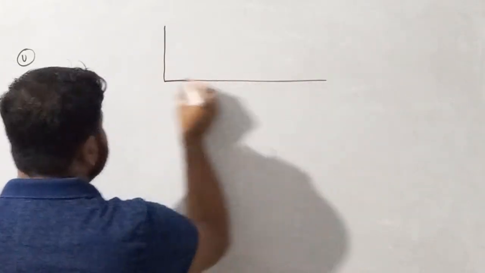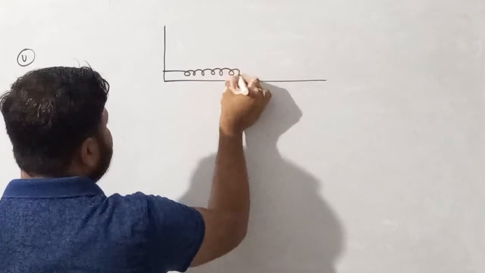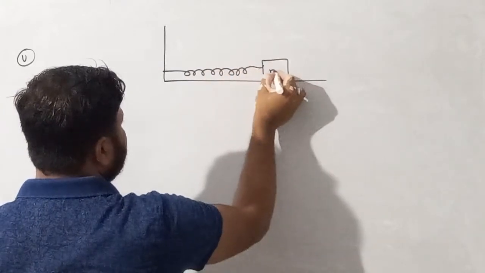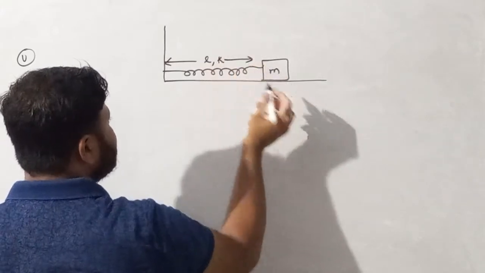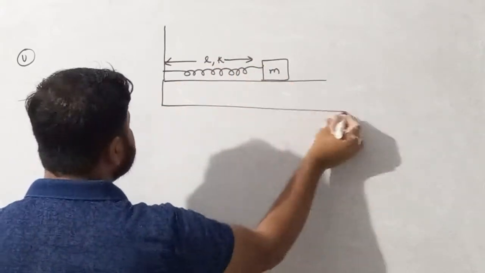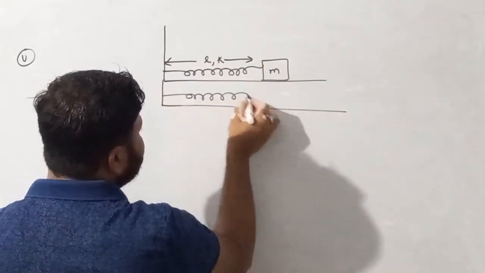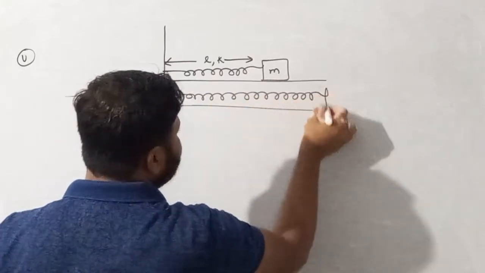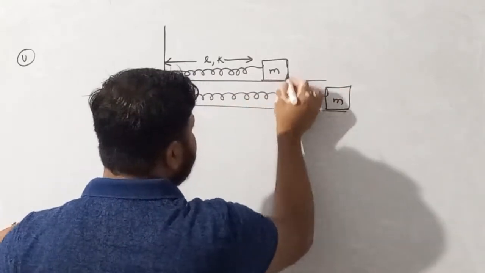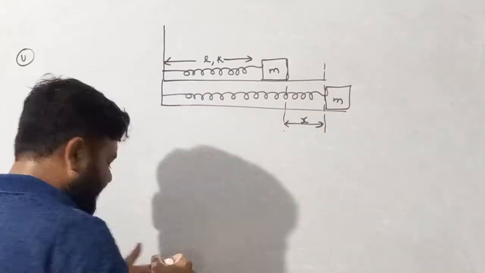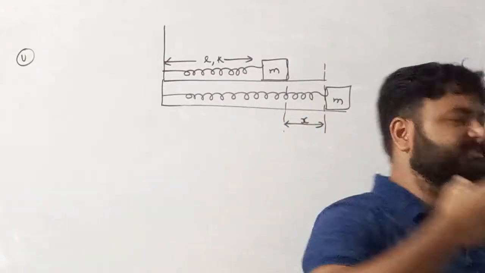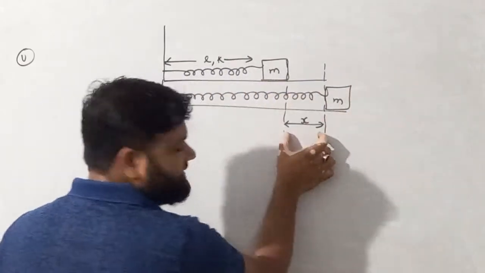Let's suppose we have a spring, the original length of the spring is L and the spring constant is K. Let's suppose I am elongating the spring, and the value of elongation is x. So see, my dear student, I will pull the spring by a distance of x.